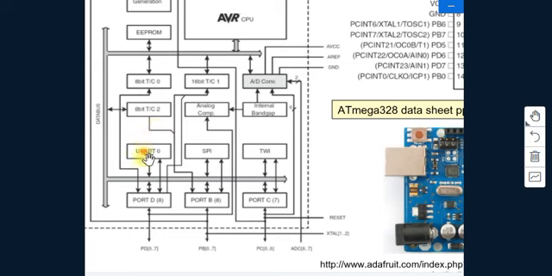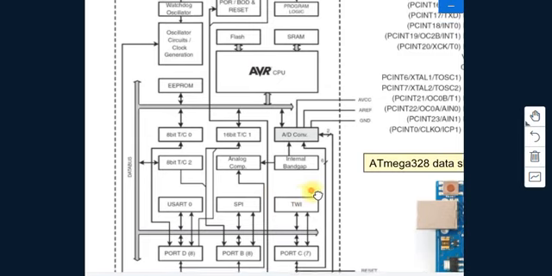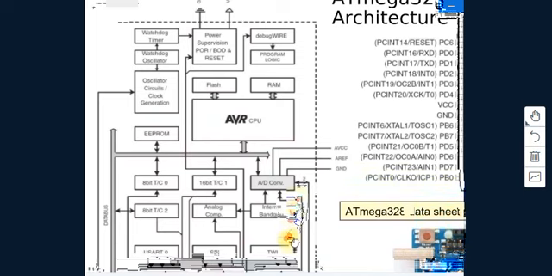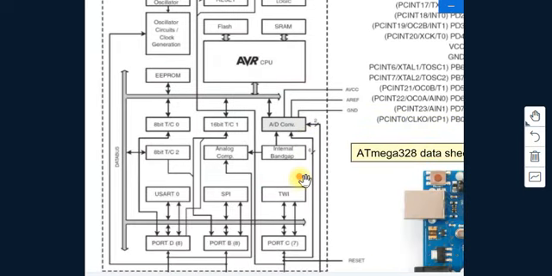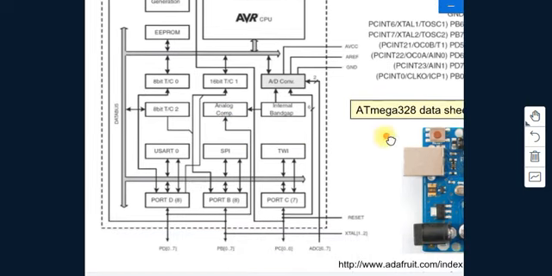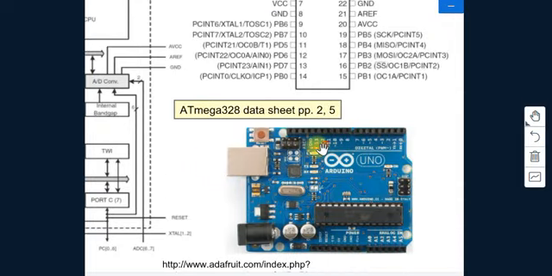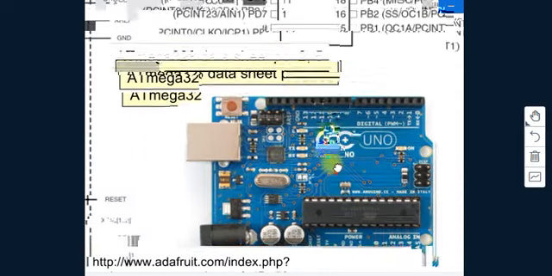The ports are here. Port C, port B, port D. Port C consists of 7 pins, port B consists of 8 pins, and port D consists of 8 pins. The total pins, how many pins are there? Count.